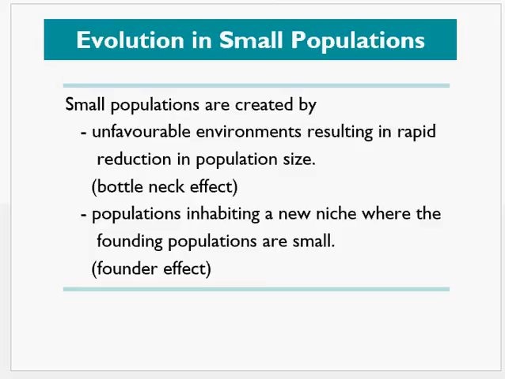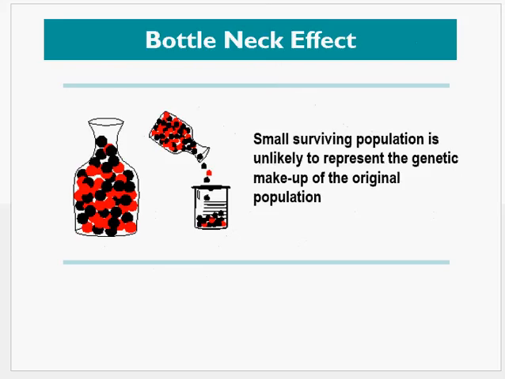Okay, so just explaining the bottleneck effect more, a small surviving population is unlikely to represent the genetic makeup of the original population. So when you eliminate large numbers of individuals from a population, you are going to cut down on the genetic makeup of that population.